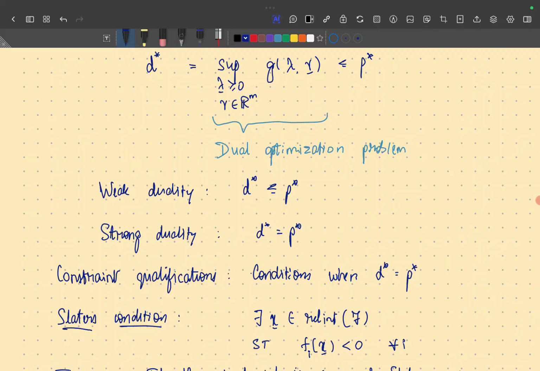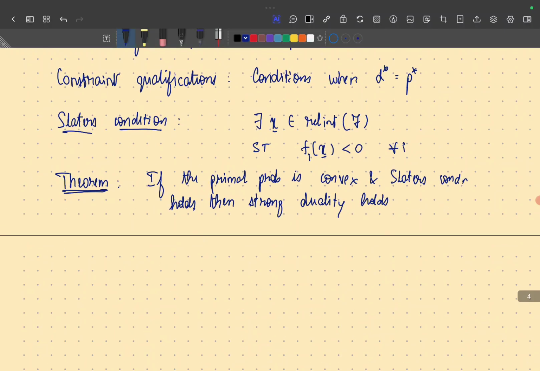In fact, the approach that we will take is, in some sense, we'll jointly look at both the primal and the dual problem together, not separately. We'll try to jointly solve for the primal and the dual variables. Any questions so far?